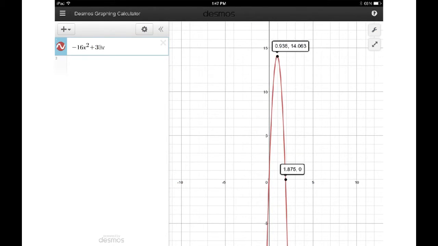The other way of doing the problem is to graph it in your calculator. The reasonable time, remember that the x-axis is t, would be from 0 to 1.875 seconds. And your reasonable height is going to be from 0 to 14.063, or approximately 14.1 feet.